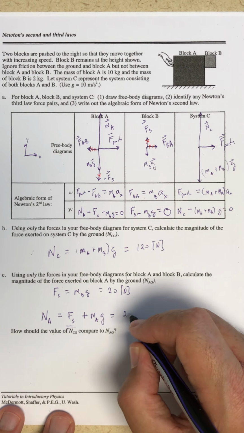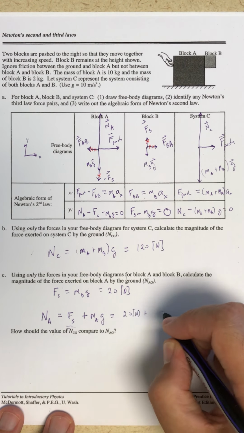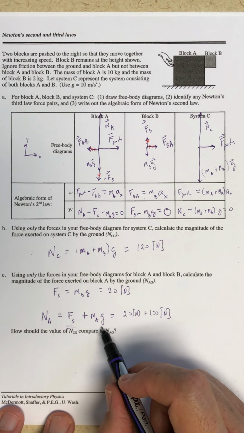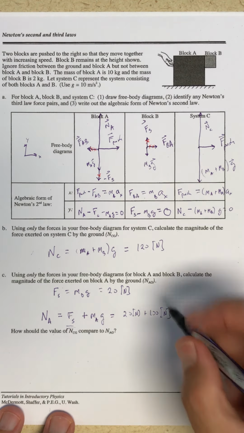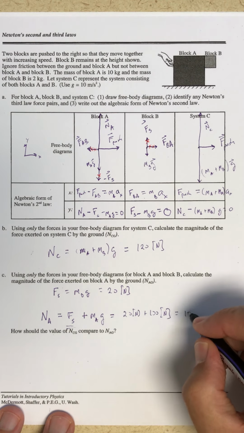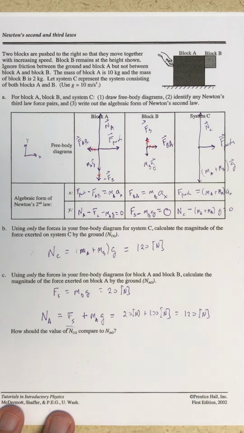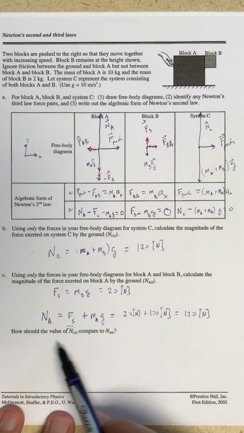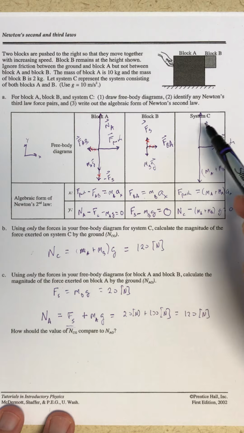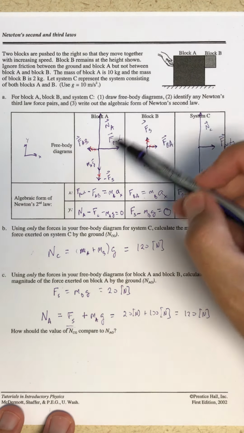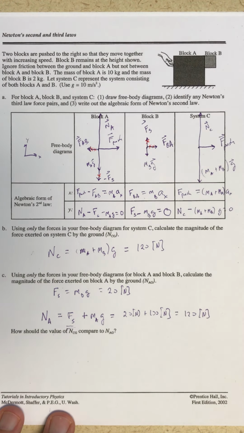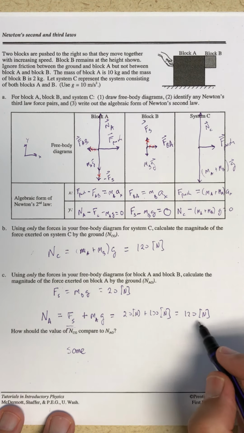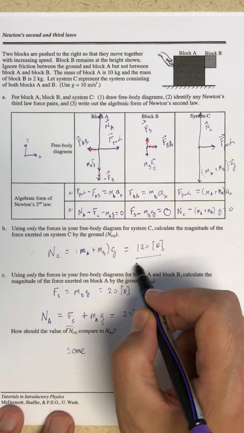So that is going to be 20 newtons plus 100 newtons. That is 10 kilograms times 10 meters per second squared. Is 120 newtons. And how should the value of the normal force on the system C and the normal force on block A compare? They need to be the same. And in fact, we see they are.